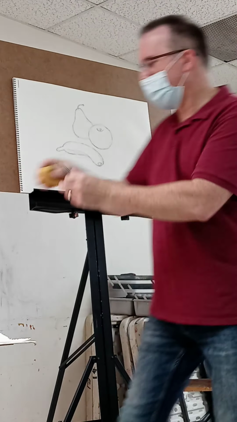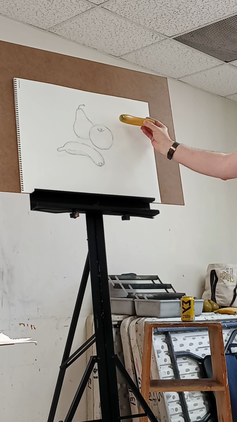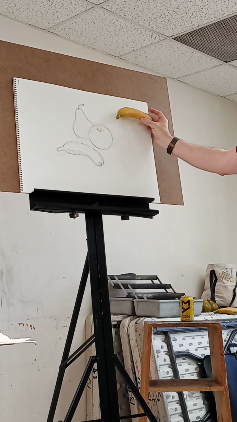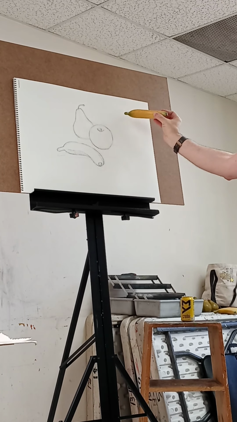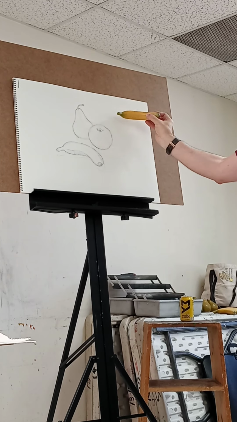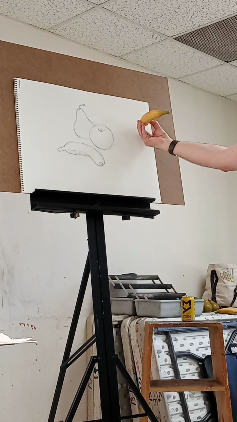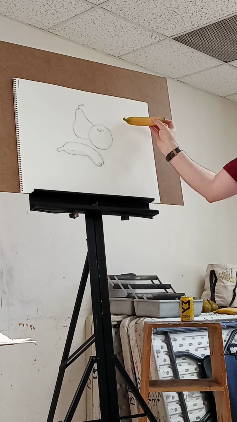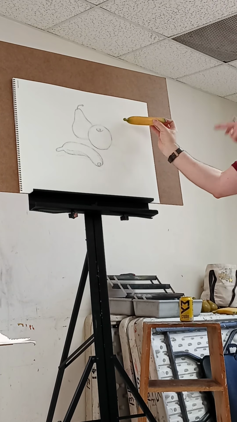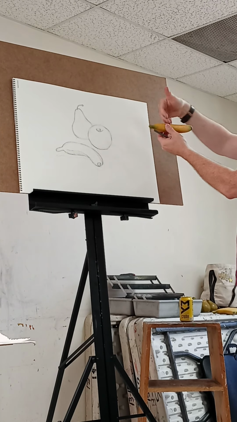So if you have a banana like this, that's the easiest way to draw it. But if you turn it like this, or say you're looking at it like that, where one end is coming at you and the other end is going away from you, it becomes like a truncated banana.